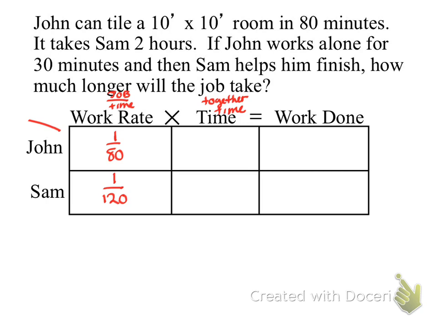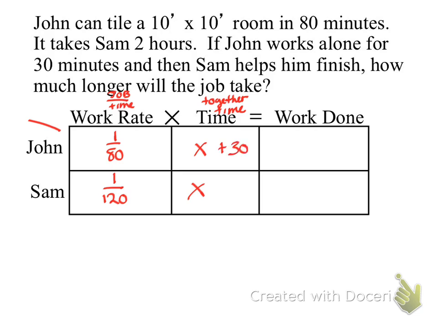All right, now, do we know their together time? Don't they both work a certain amount of time together? That's unknown. So we'll call that X, their together time. But how is John's different? He works plus 30.